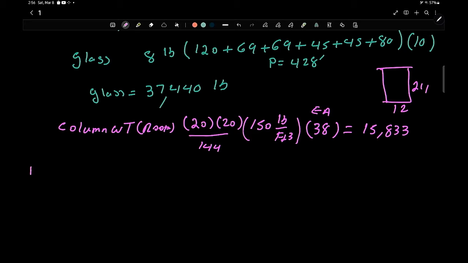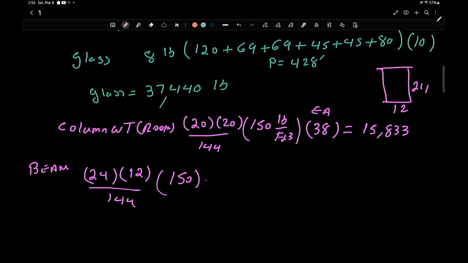So the roof beam, which we're going to use the same for the floor beam, is going to be 24 by 12 divided by 144 times 150, and the average length is 21 feet.